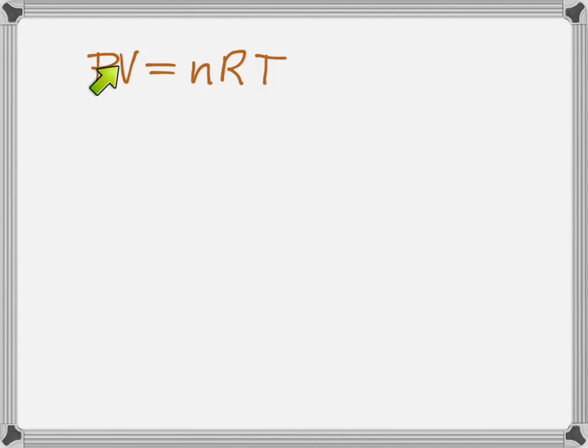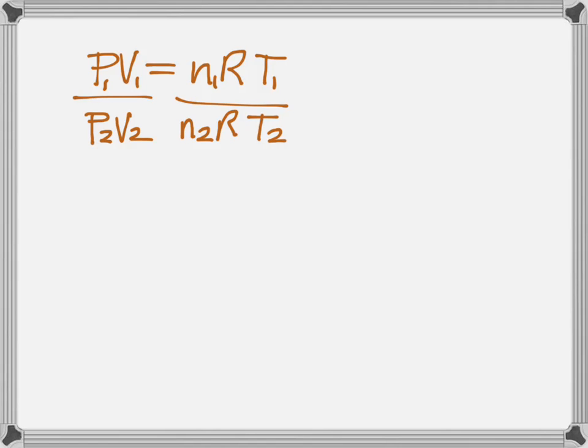So PV equals nRT. I'll give these subscripts of 1. R doesn't get a subscript because it's always the same number. If I divide this by P2V2 over n2RT2, P2V2 equals n2RT2, right?